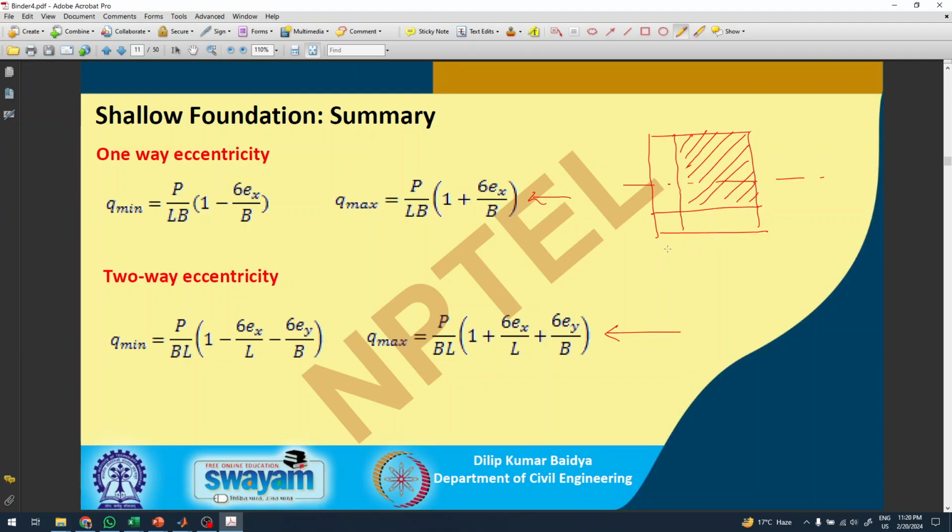So you will have a B dash as well as an L dash. Your effective area will be B dash times L dash, and these are the values that you will be using in finding out the shape factors.